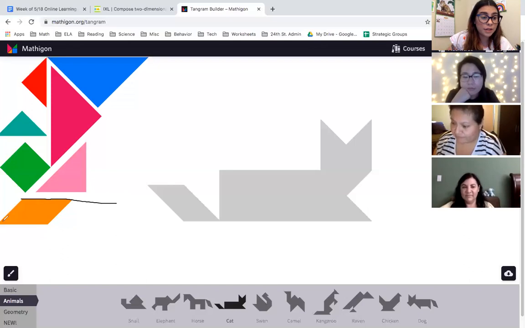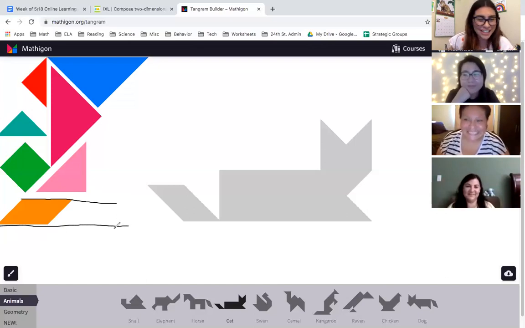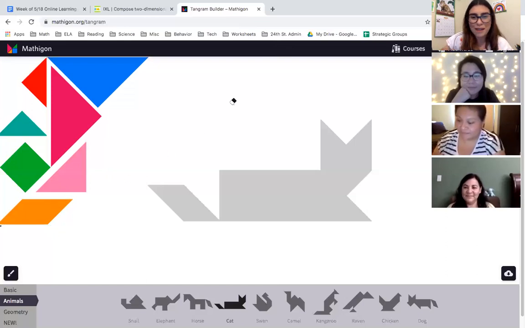And parallel lines are lines that continue to move. They never cross each other, right? So they just continue forever and ever and ever. So it's also a parallelogram. Thank you, Ms. Rosales, for adding that new definition to our vocabulary.